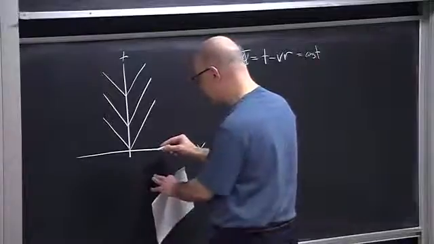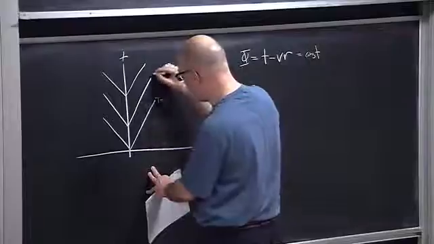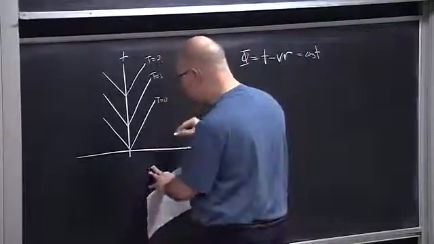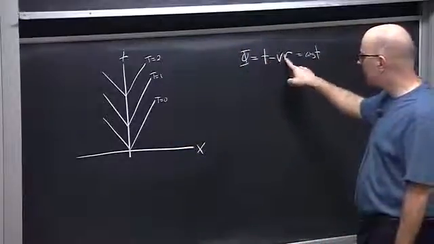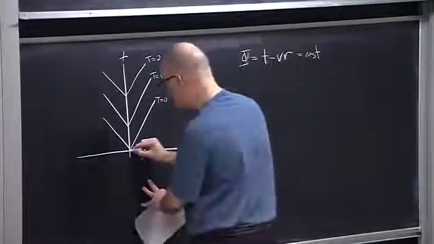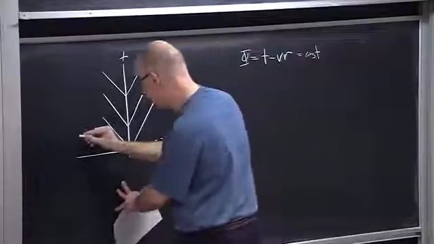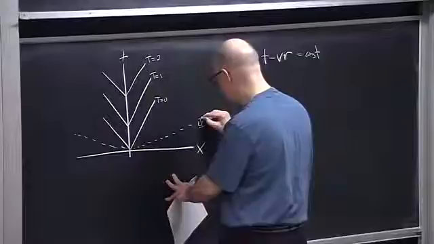So this is the t equals 0 bundle. This is the t equals 1 bundle. This is the t equals 2 bundle. The phi equals 0 hypersurface is going to start at r equals 0 with t equals 0. So it starts over here, but it goes like that. I'm going to draw them in dashed line. So this is the phi equals 0 surface.